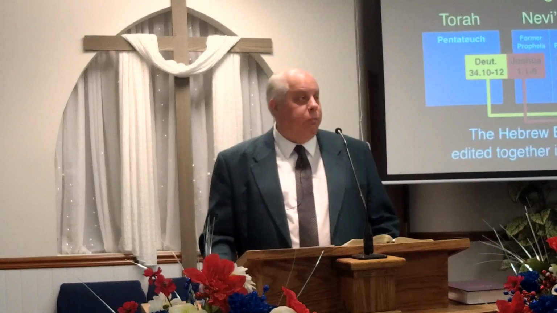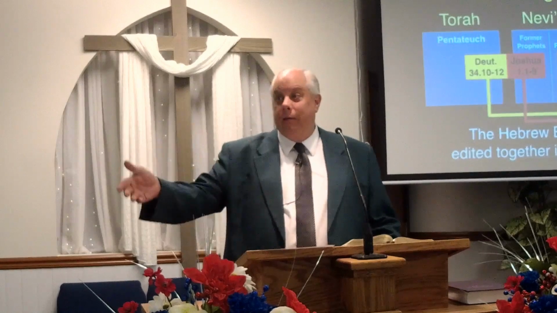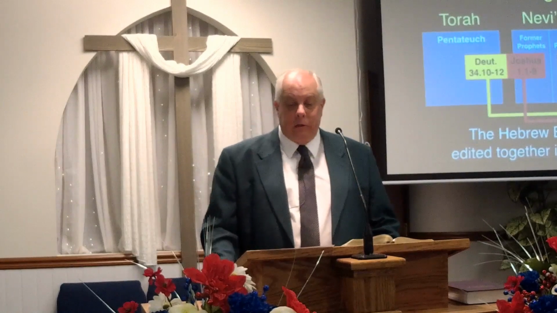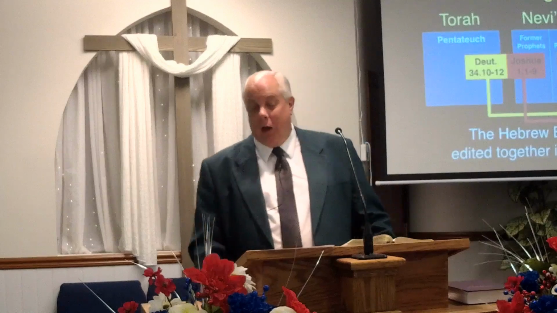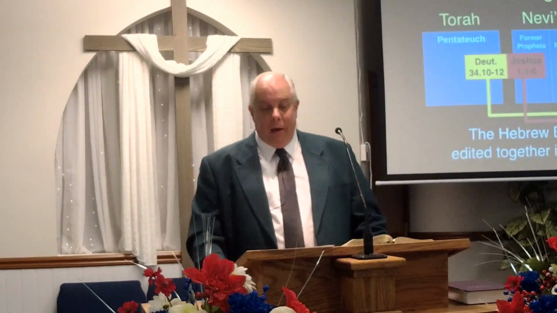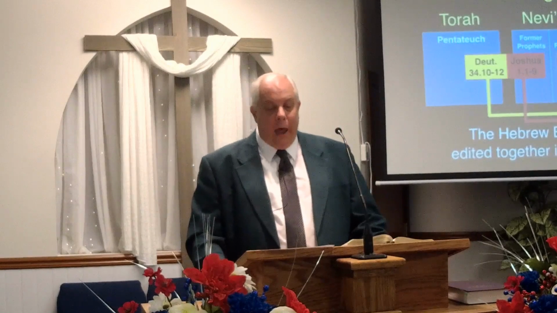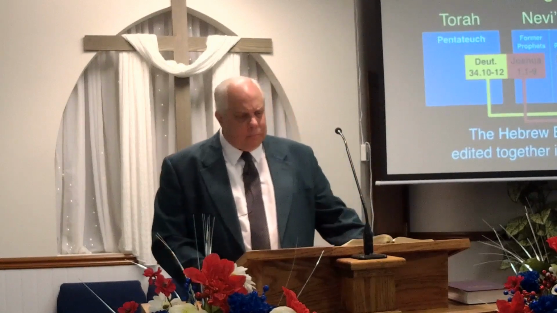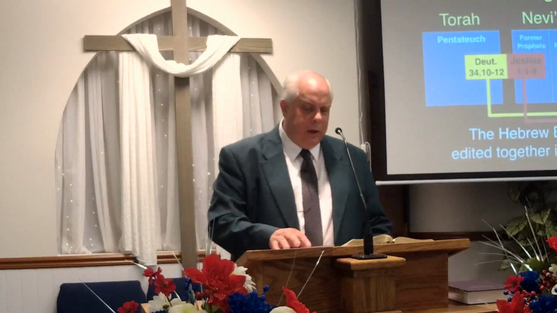Malachi was the last book written chronologically, and it also points to John the Baptist, as we've just talked about, or what they thought might be. And I think there was some reasoning for that, but this is something we sometimes miss.